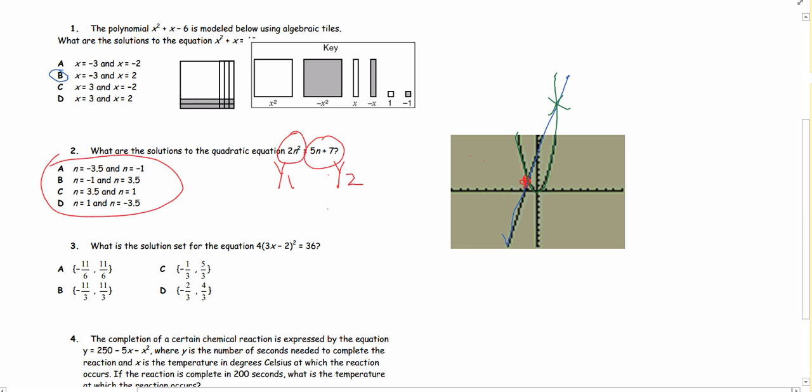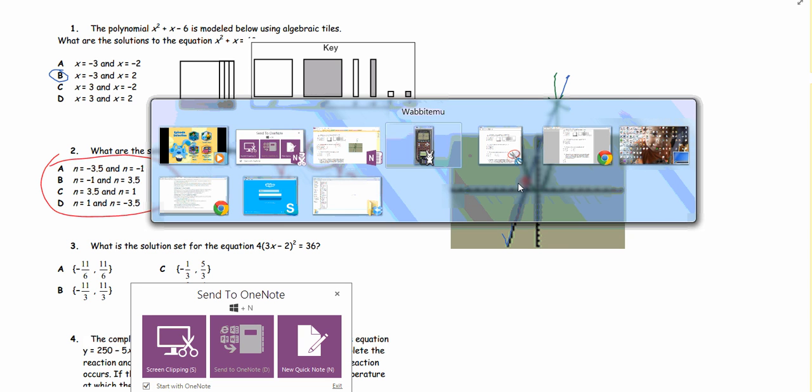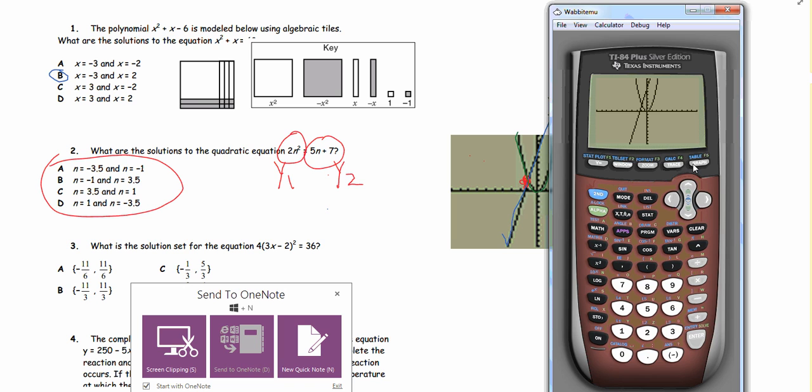But before I do that, let's go ahead and make sure that that red dot is really -1. Okay, so here we are, and we're going to hit second, calculate, number 5, and use our cursor here to get close to that.